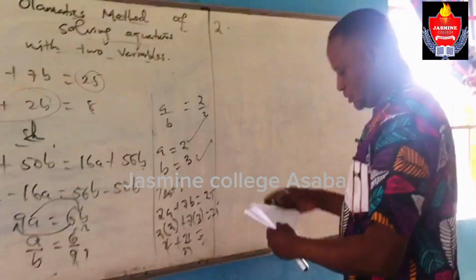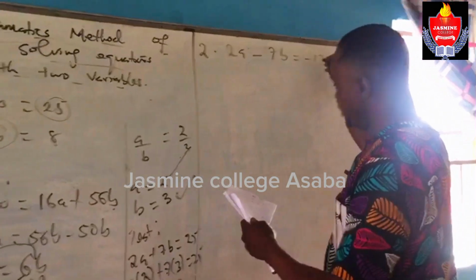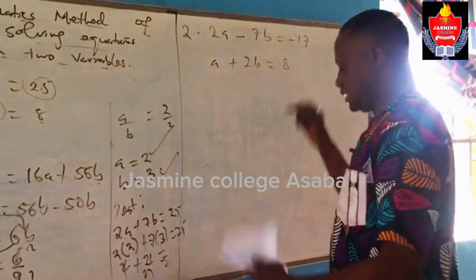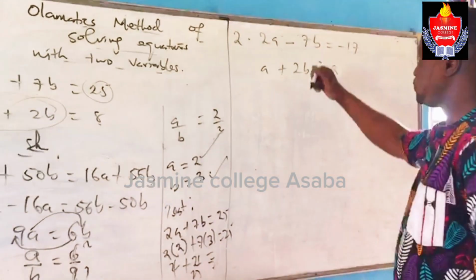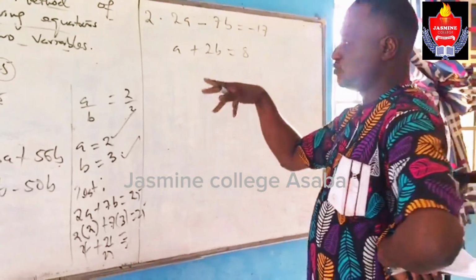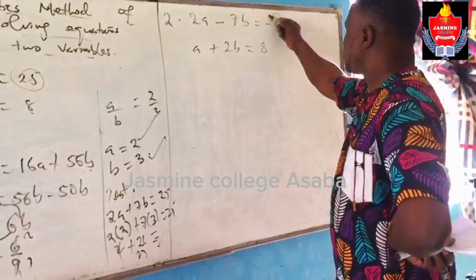Then question 2, we have 2A minus 7B equals minus 17. You have A plus 2B equals 8. So here is another set of equations to solve using the Olamatics method. Now, this Olamatics is somehow different from the first one I introduced in one of my videos. So here you'll be cross multiplying.